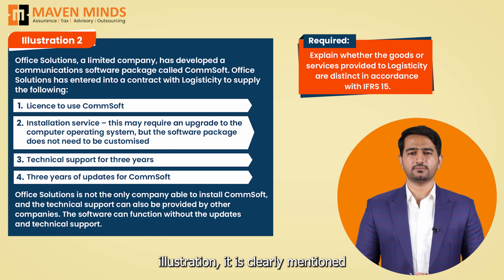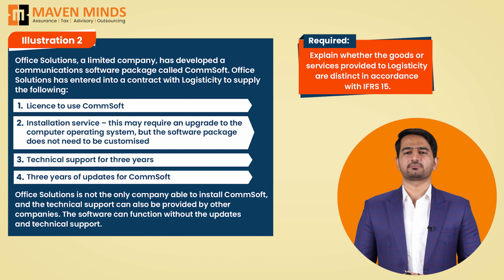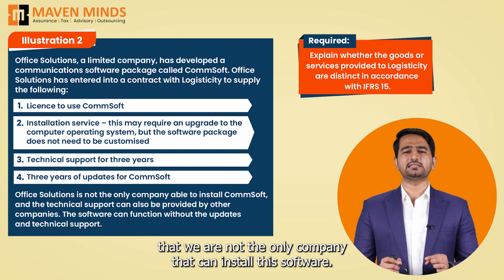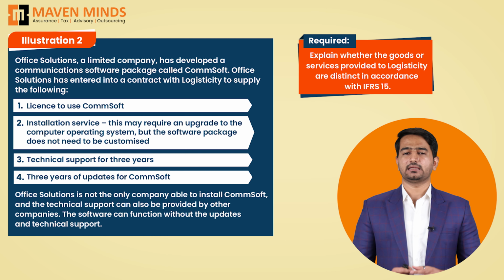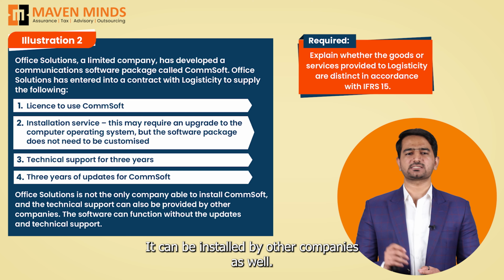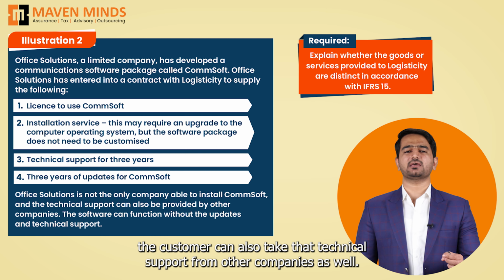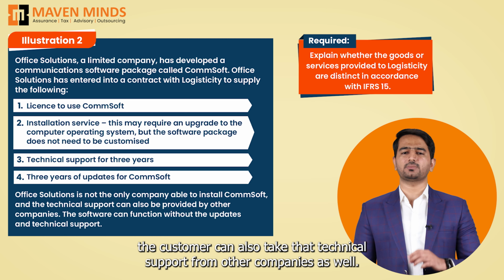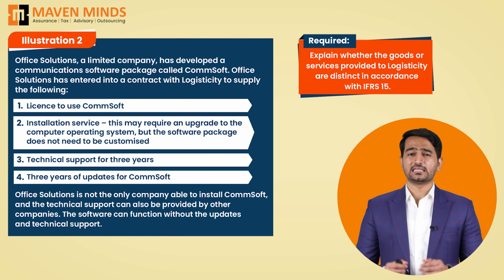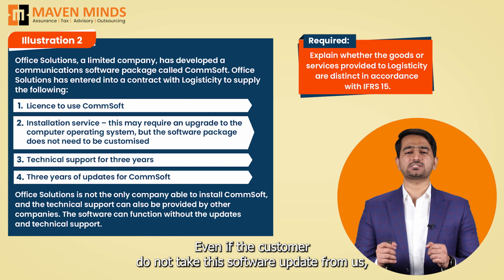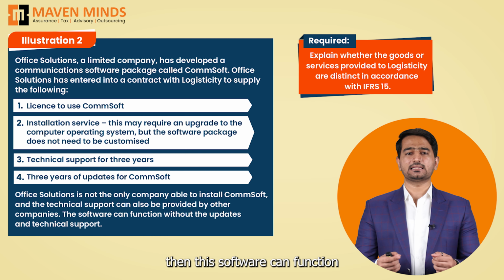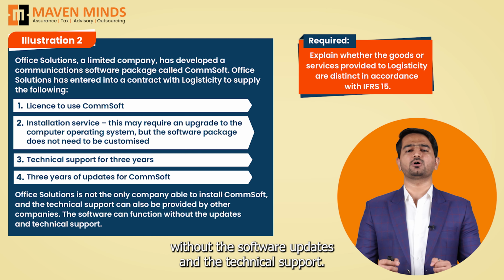In this illustration, it is clearly mentioned that we are not the only company that can install the software. It can be installed by other companies as well. Further, even if we do not provide the technical support, the customer can take that technical support from other companies as well. Even if the customer does not take the software updates from us, the software can function without the software updates and the technical support.